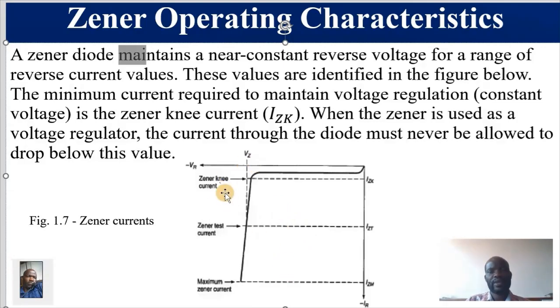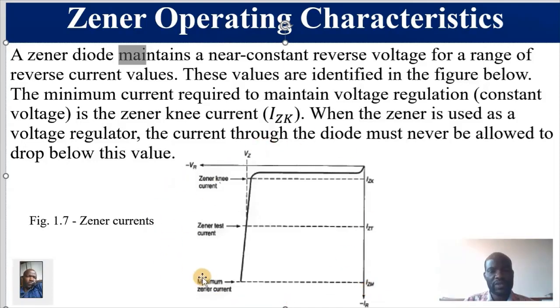The minimum Zener current is called the Zener knee current, IZK, and for a Zener diode to go into breakdown, the reverse current must be greater than IZK, but it must be less than the maximum Zener current. The current at which we establish the Zener voltage we call the Zener test current. So IZK stands for Zener knee current, IZT for Zener test current, and IZM for Zener maximum current. Please, this is very, very important.